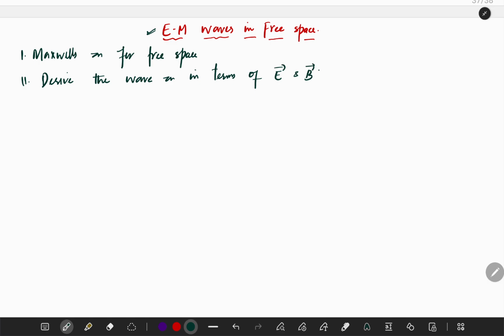Since we know EM waves consist of electric field and magnetic field, and I don't need to mention here that electric field and magnetic field are perpendicular to each other and perpendicular to the propagation of the wave.